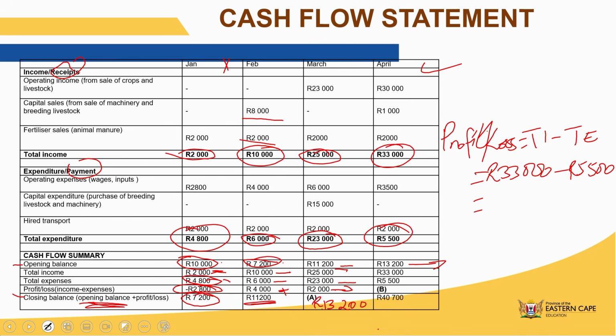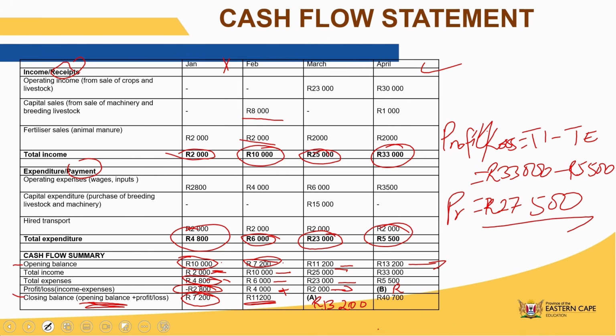Let's calculate 33,000 minus 5,500 gives us a total of 27,500. There is a profit.